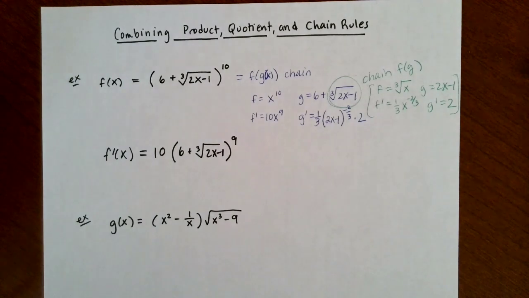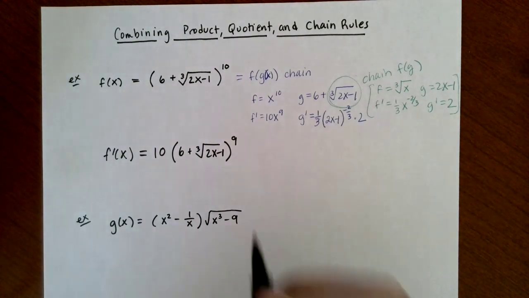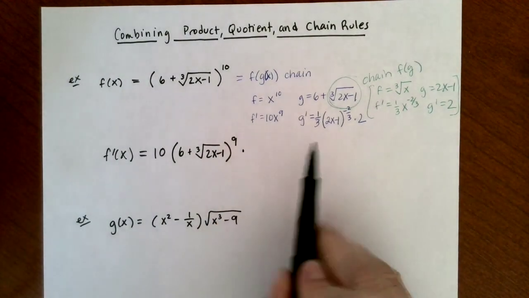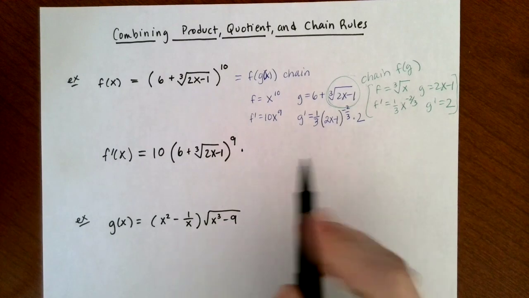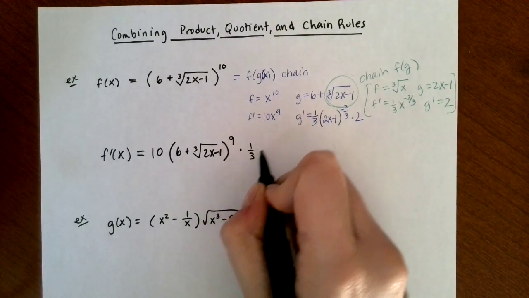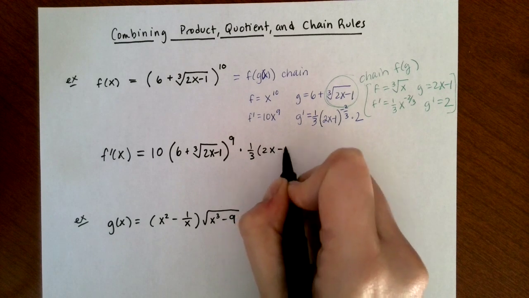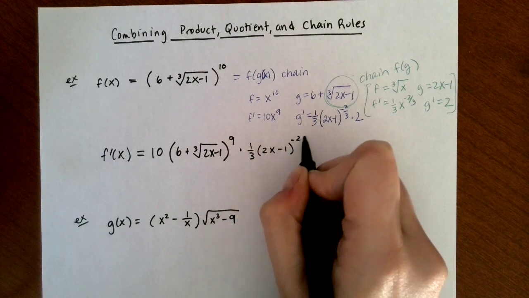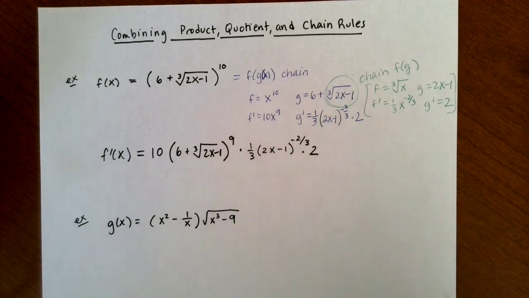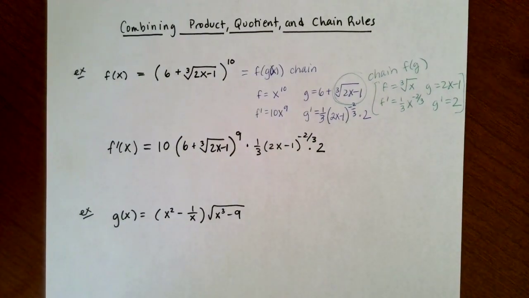So that's my f prime of g. And then times g prime will be times all of this here. And because it's all multiplied, it doesn't have to have parentheses additionally on the outside, but it wouldn't be wrong to have them. Anything equivalent to that is a good final answer.